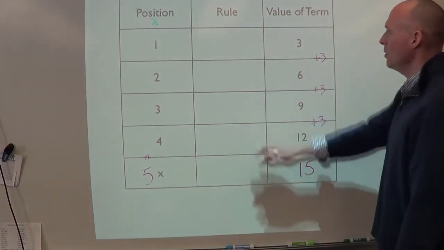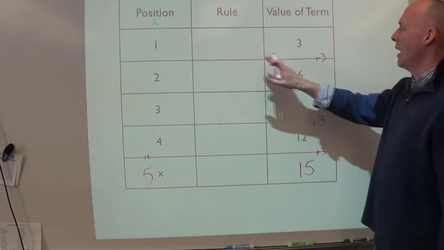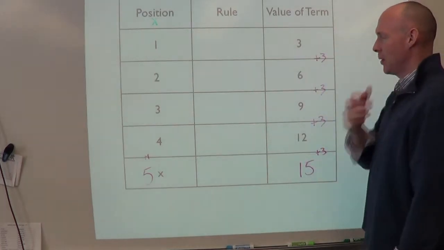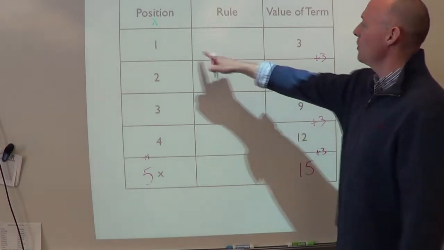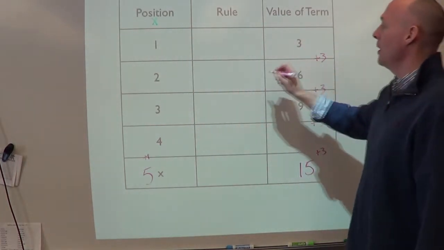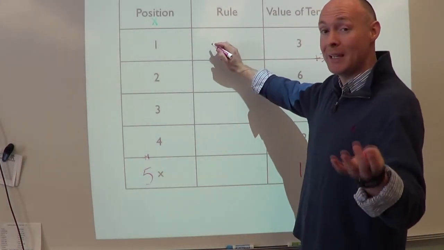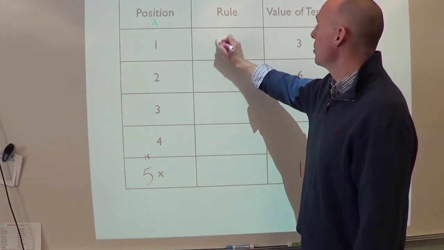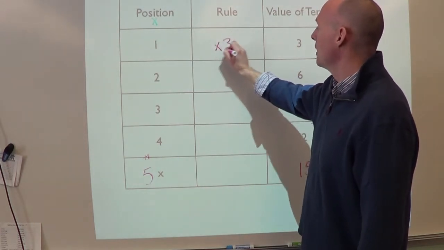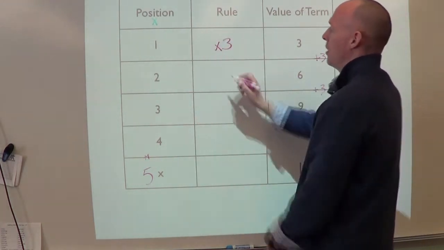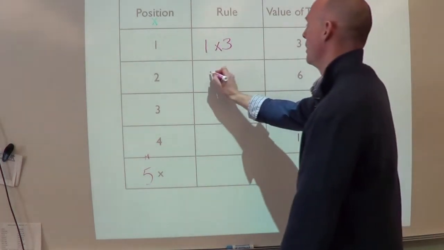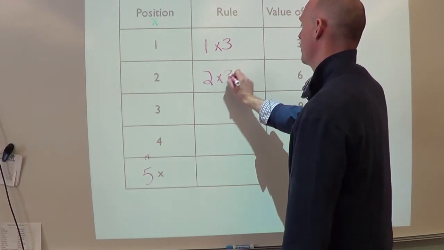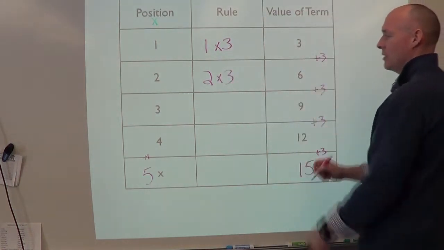Excellent. So what is my rule? How do I get from 1 to 3 and 2 to 6? Well, because we're going from a position of 1 to 3, I'm thinking the rule is probably going to be times 3. So it'll be times 3. 1 times 3, is that 3? Yes, it is. What about 2 times 3? Is that 6?